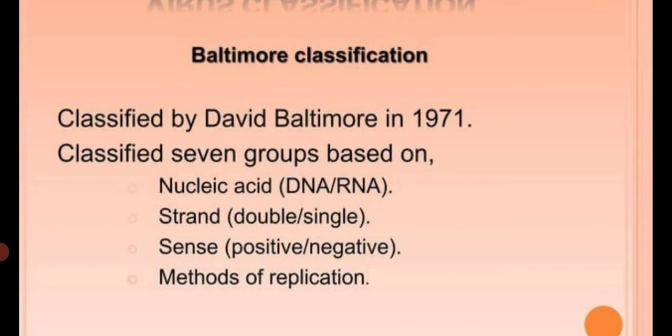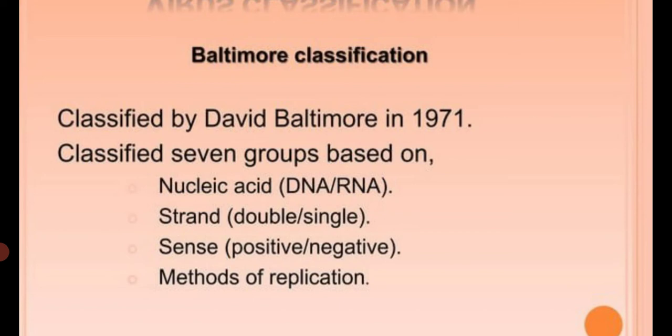Positive sense means, suppose positive sense RNA, in this case such RNA has no need to be transcribed into an mRNA, it gets directly converted into a chain of amino acids at the time of translation. So, it is called positive sense.